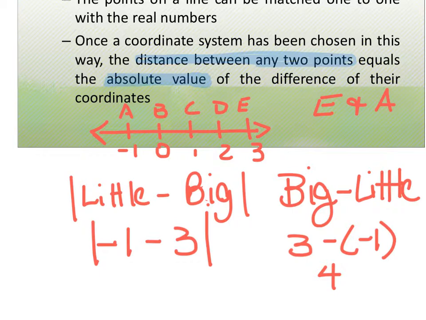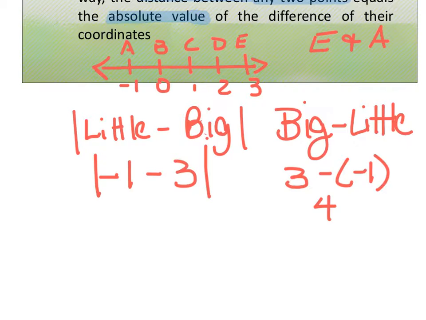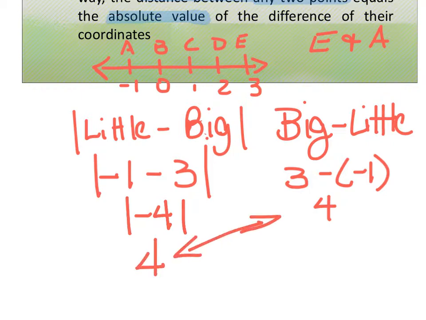So what is -1 minus 3? -4. But then when I find the absolute value of -4, what do you get? 4. So just remember to find the distance when your numbers are on a number line, you can either do big minus little, and that's going to go right to the answer, or little minus big, but then just take the absolute value of your answer.